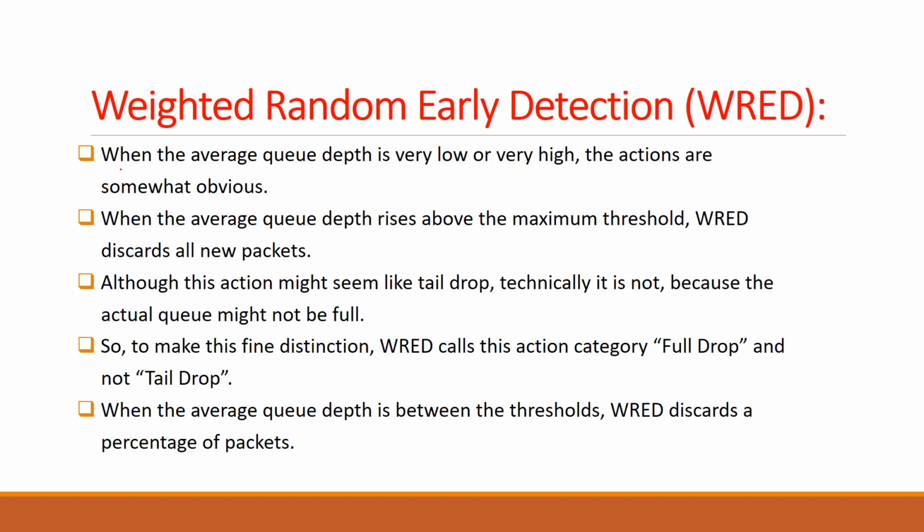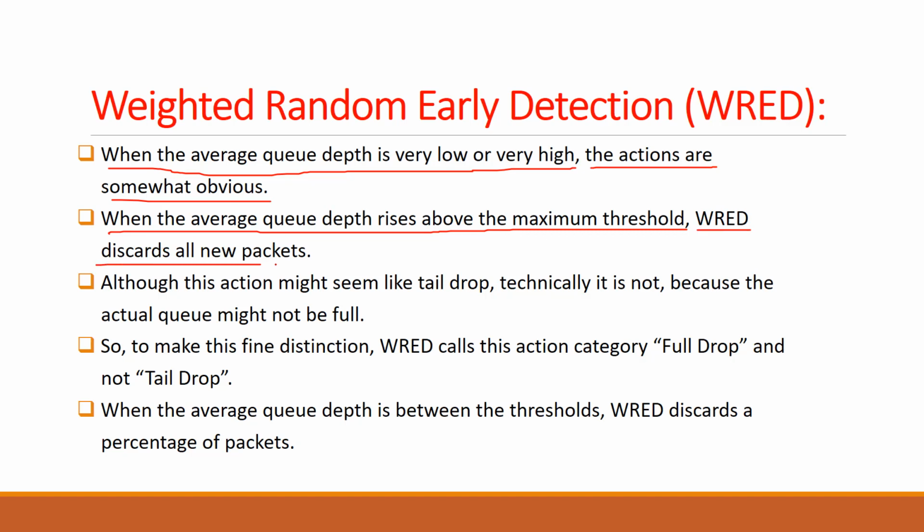As we mentioned, when the average queue depth is very low or very high, the actions are somewhat obvious. When the average queue depth rises above the maximum threshold, WRED discards all new packets. Although this action might seem like tail drop, technically it is not, because the actual queue might not be full.